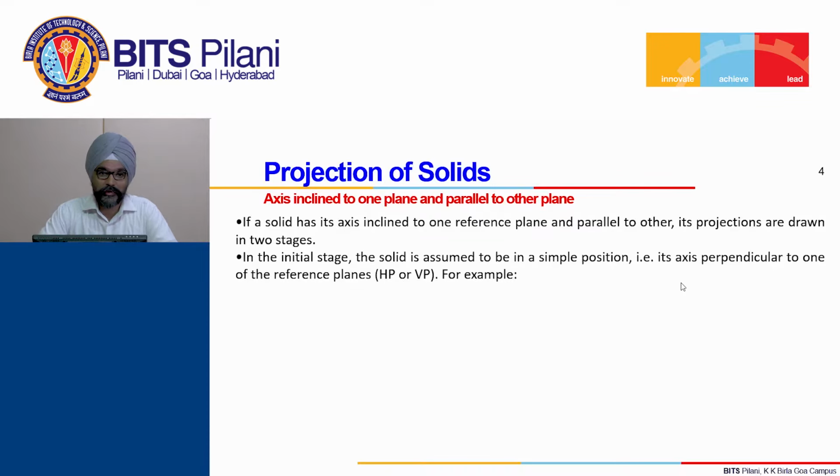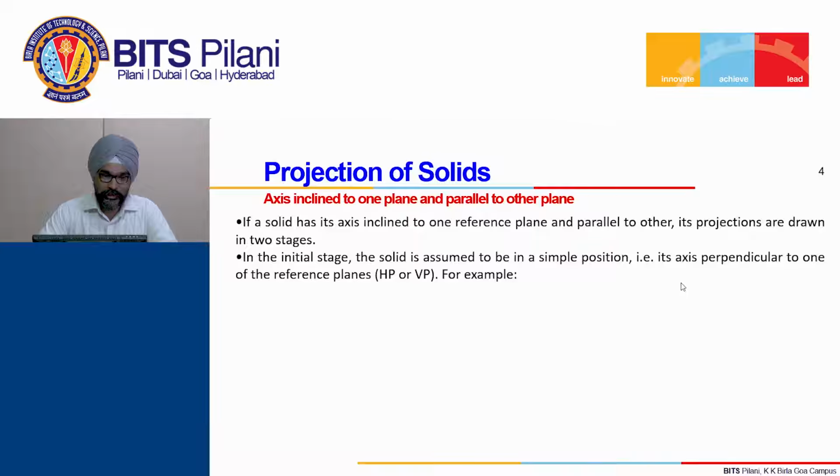In the initial stage, first the axis is perpendicular to one of the reference planes, and at the same time we get the true shape of the base of the solid. In the second stage we tilt the axis as per the statement of the problem, and then you get the distorted view of the base.